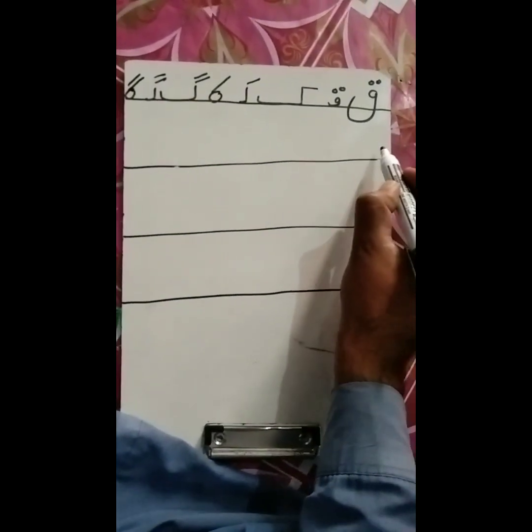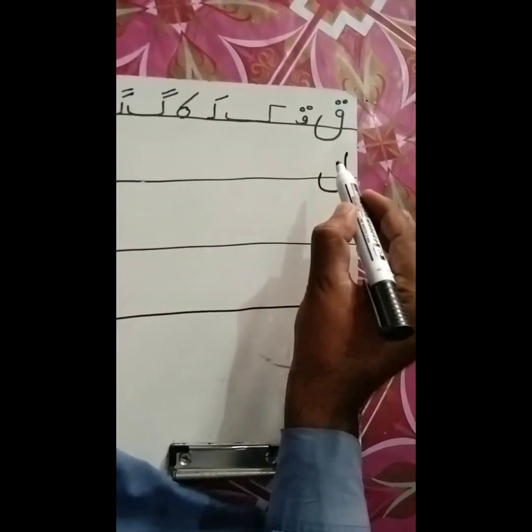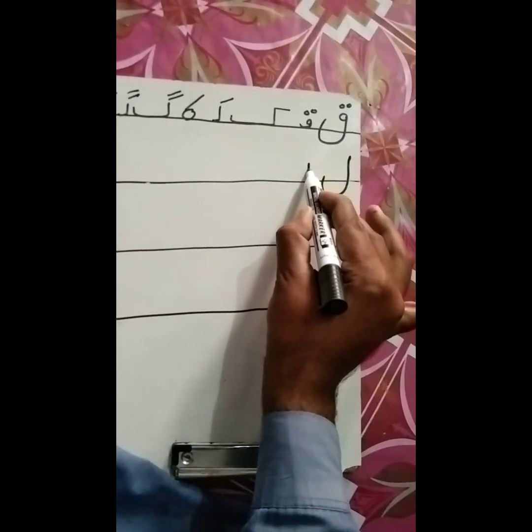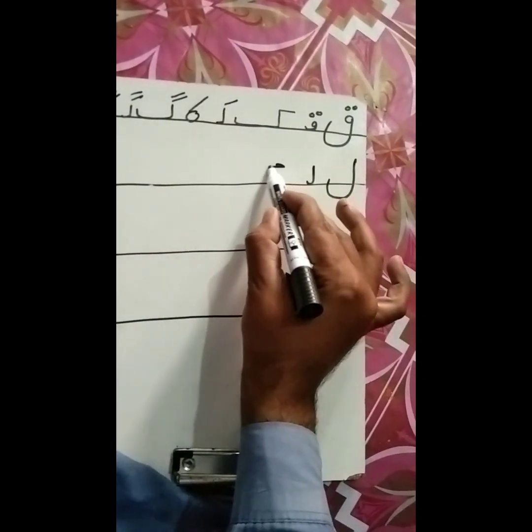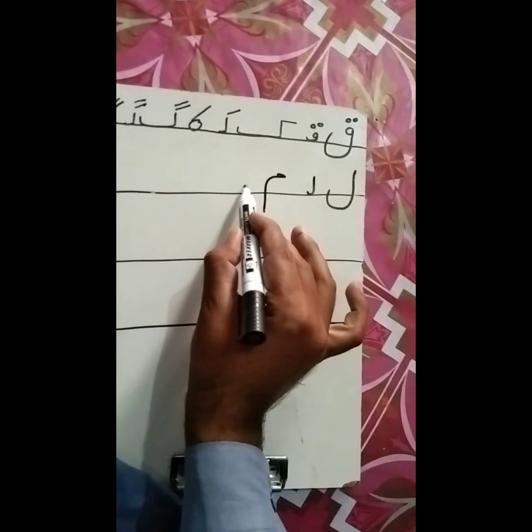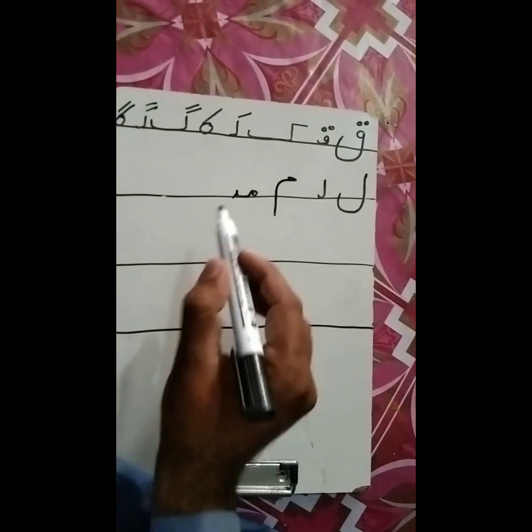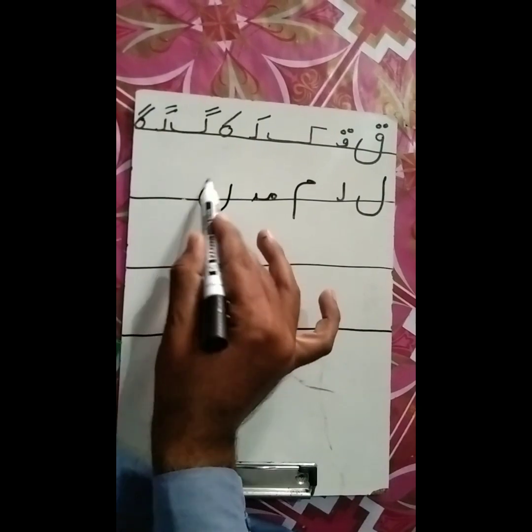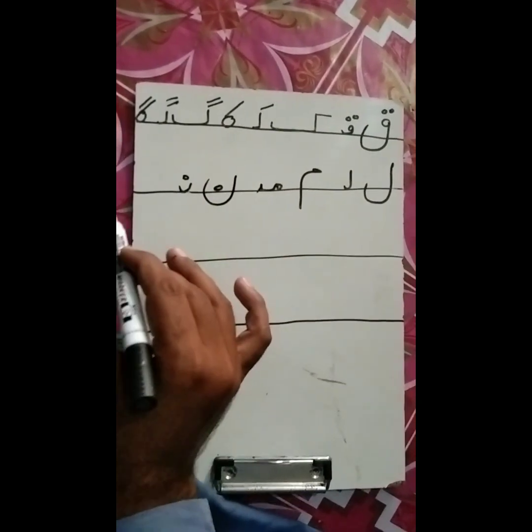The next letter is Lam, like this, and the half shape of Lam is like this. The second letter is Meem, and the half shape of Meem is like this. Noon, and the half shape of Noon is like this.